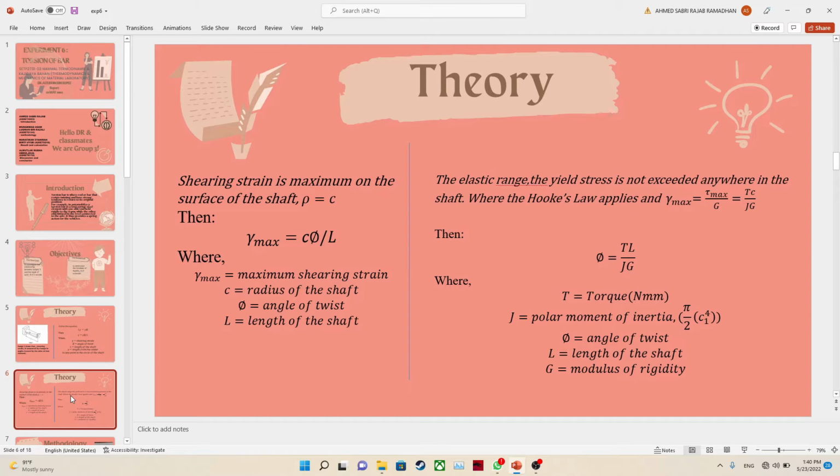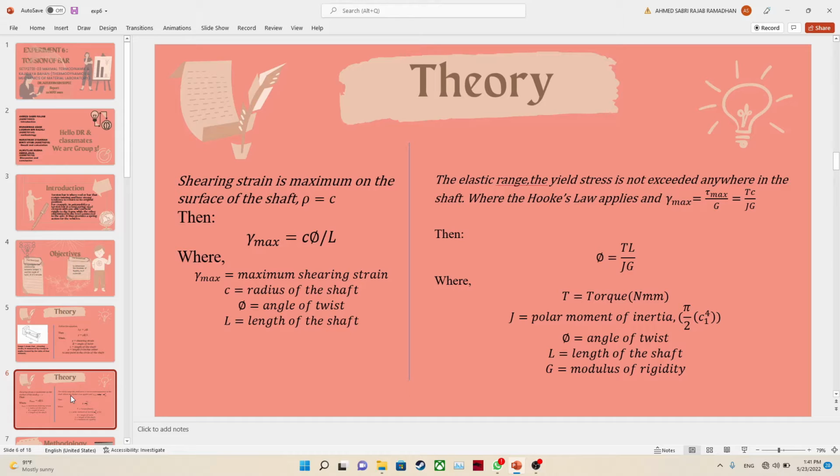The shearing strain is maximum on the surface of the shaft, where ρ equals c, and γ max will equal cθ over L, where γ max is the maximum shearing strain, c is the radius of the shaft, θ is the angle of twist, and L is the length of the shaft.